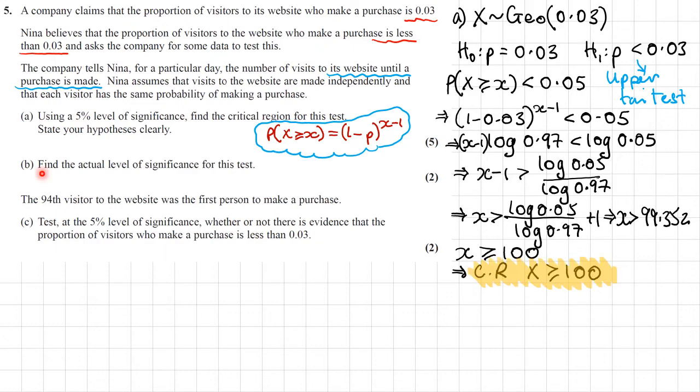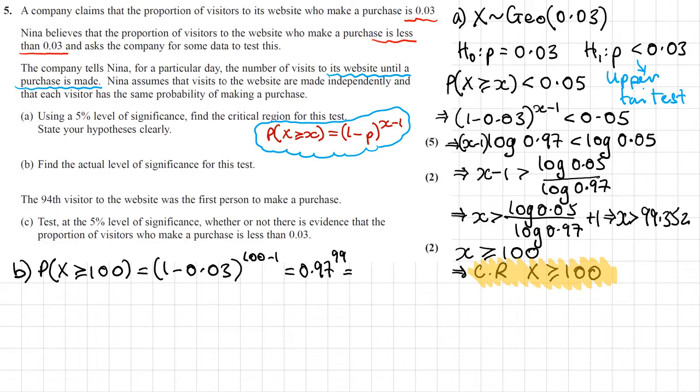Part B, find the actual level of significance for this test. So that's basically working out the probability that X is greater than or equal to 100. What's the actual value? And then we can use the formula again. So 1 minus 0.03, so that's 0.97 to the power of 100 minus 1, or to the power of 99.